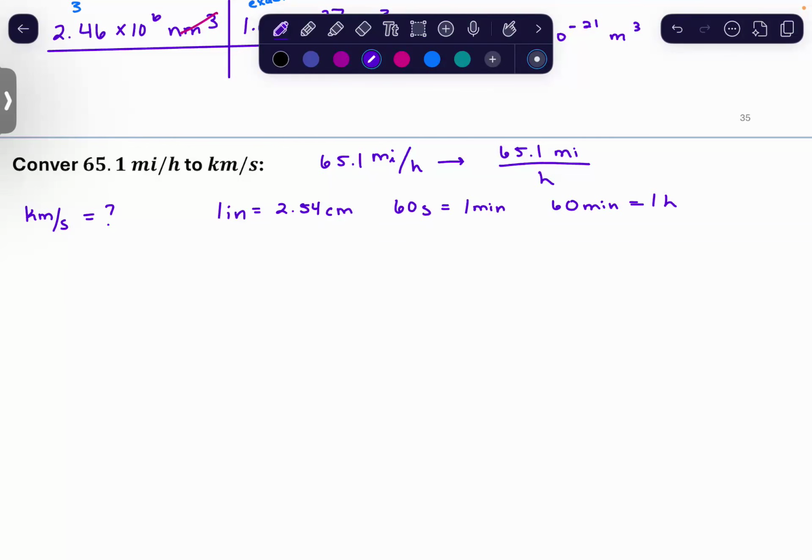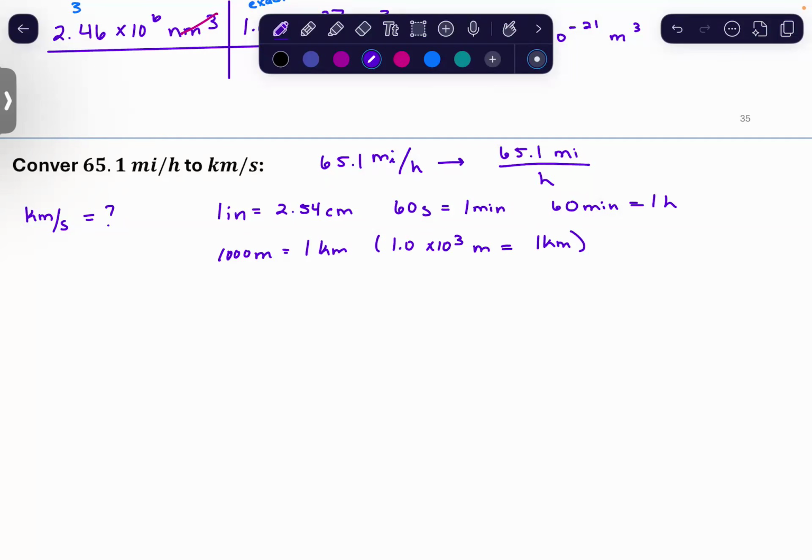Let's see. Kilometers. I know that there's 1,000 meters in a kilometer. You can do that. I also don't mind if you do, I don't care if you do that one.